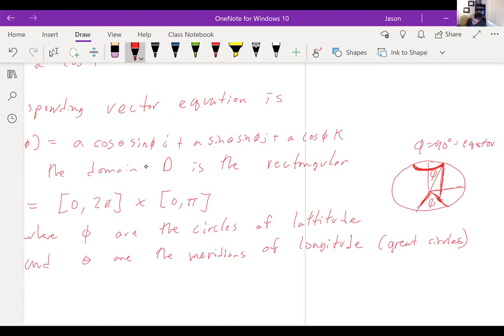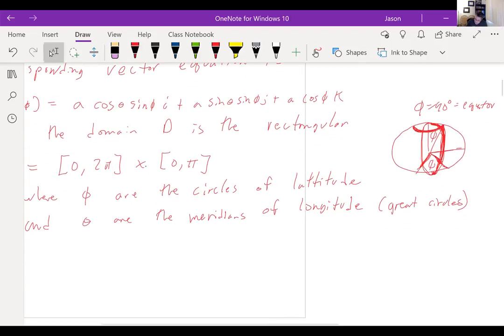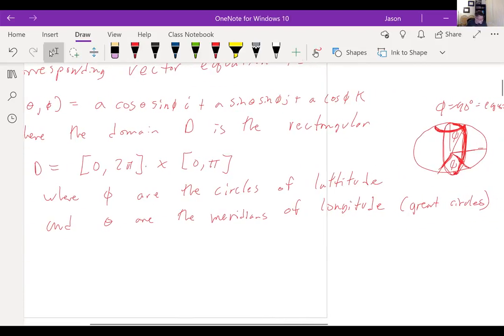That tells me where my great circle is. So I would get a great circle going through the poles and then back out again. So that tells me where my great circle is for longitude. So anyway, it's kind of counterintuitive, but it is what it is.